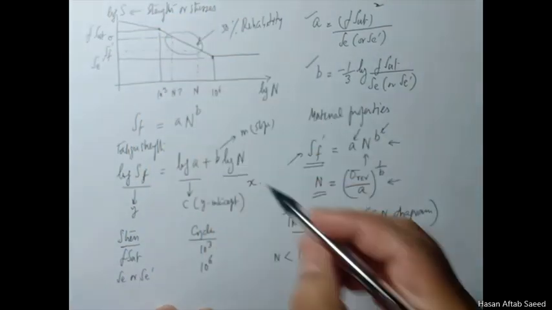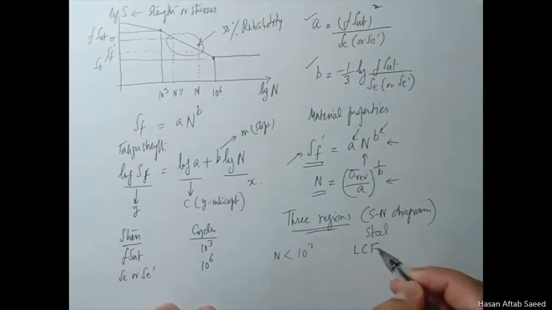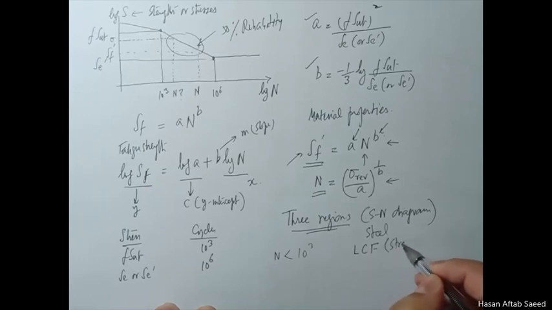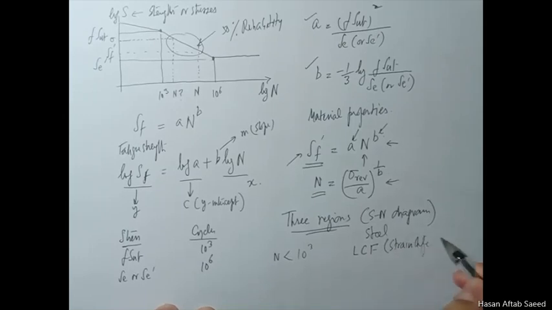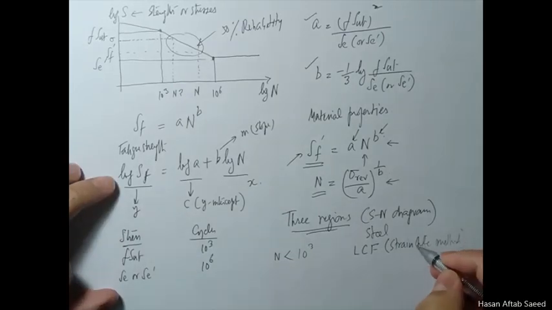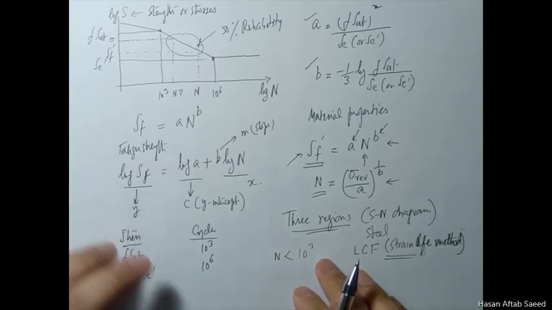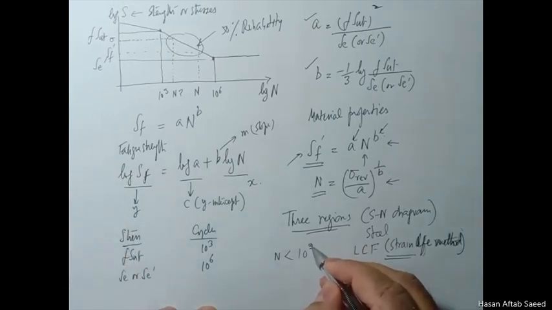We are talking about this one. This is the low cycle fatigue region, and it is dealt with by the strain life method. We won't be discussing this low cycle fatigue in our course.